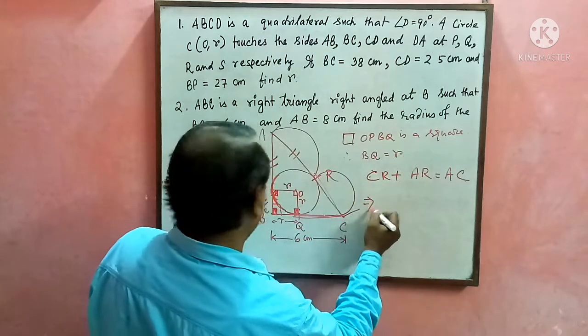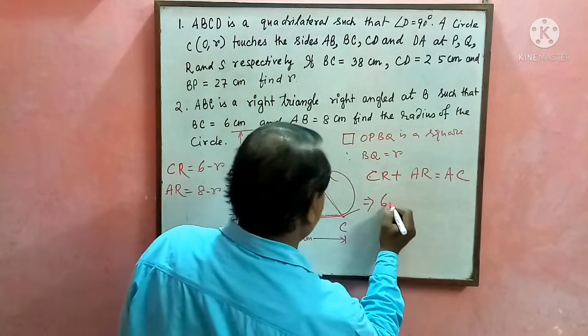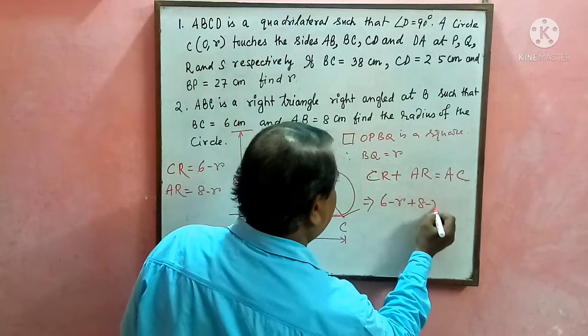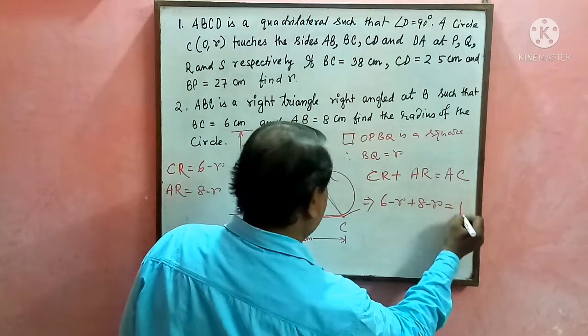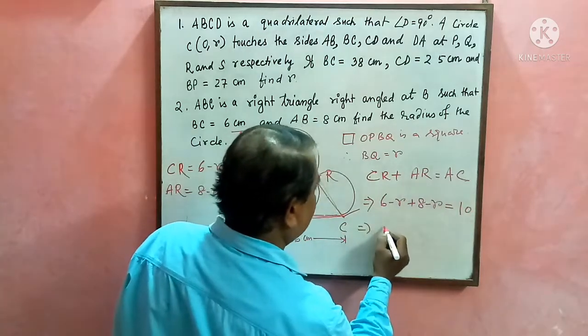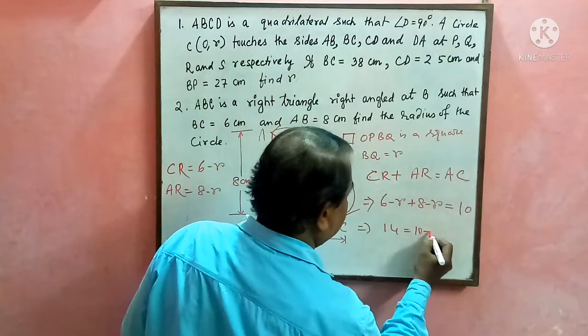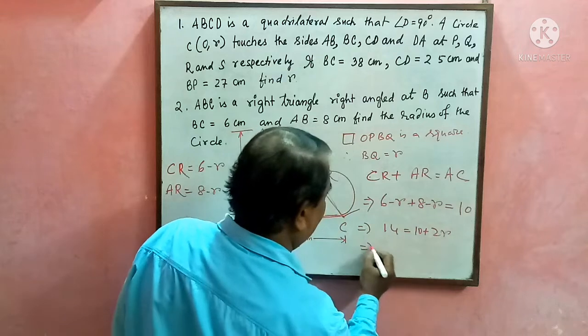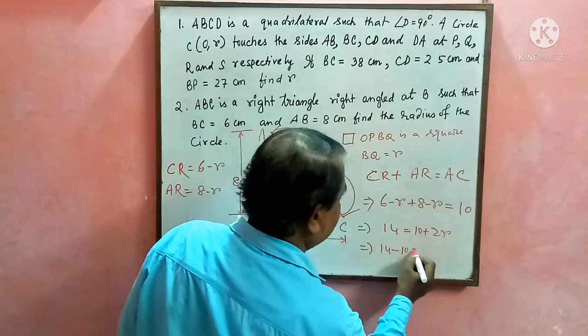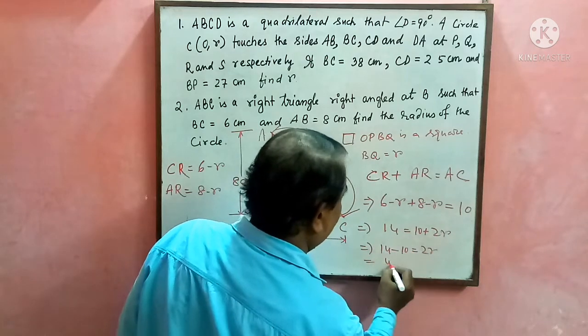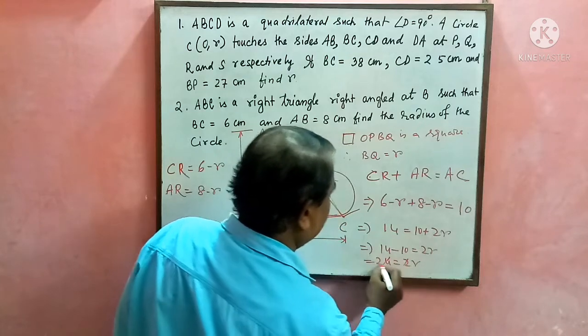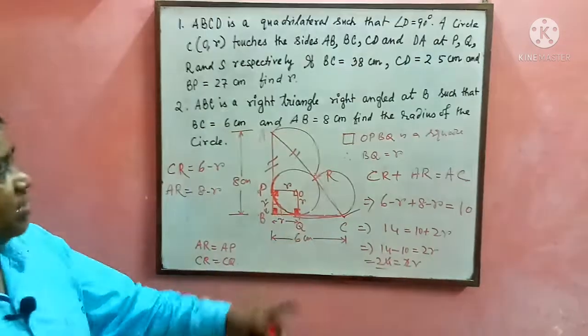Now 6 minus r plus 8 minus r is equal to 10. So 14 minus 2r is equal to 10, or 14 minus 10 is equal to 2r, 4 is equal to 2r, so r is equal to 2 centimeter.